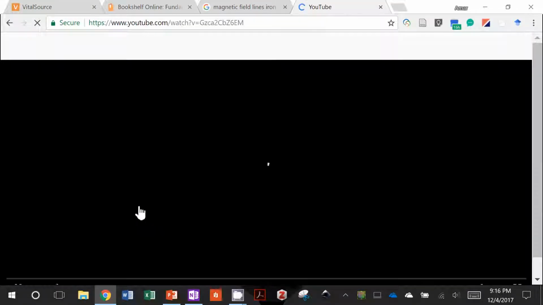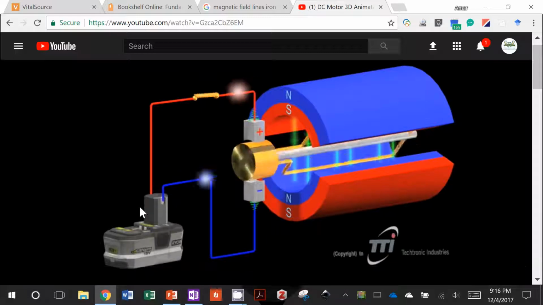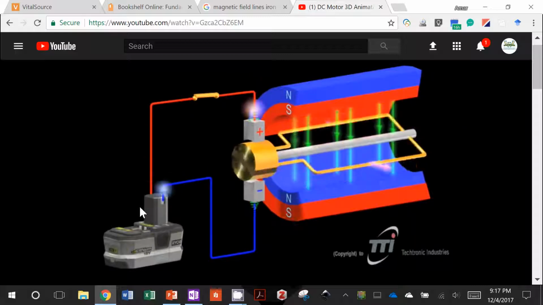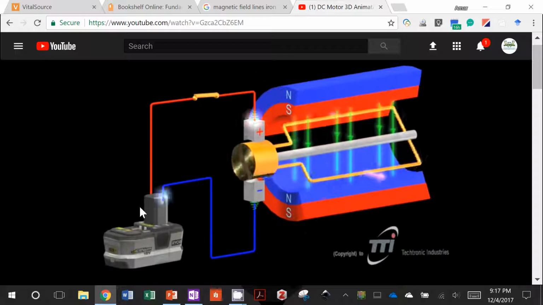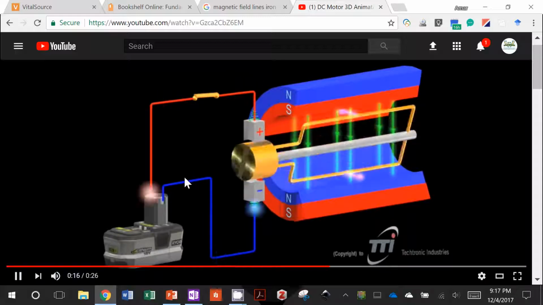There we go. The force is always on each side of the loop. The force would always point the exact same way. So as it turns over, it's going to stop and oscillate back and forth. Okay. So to keep it spinning in the same direction, when it reaches the top, you have to reverse the current direction. Check out this animation.